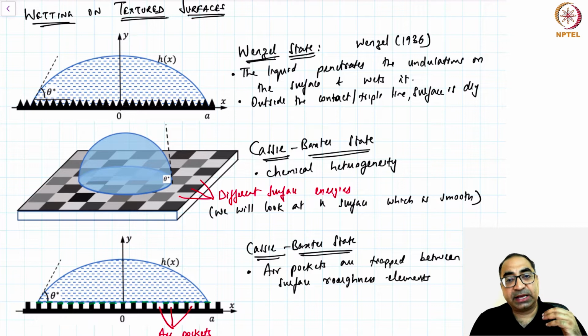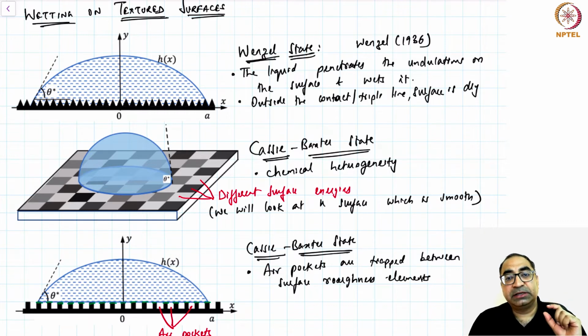And then we looked at the Cassie-Baxter state, where there are chemical heterogeneities. The apparent contact angle that one sees depends on the Young's angle on each of these individual roughness elements and the area fraction that is occupied by these chemically heterogeneous elements. They're not necessarily roughness elements, they're chemically heterogeneous elements.